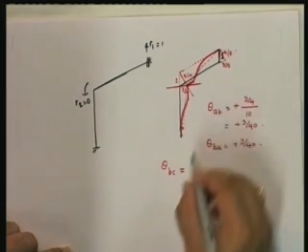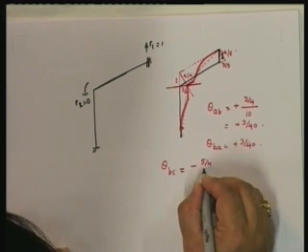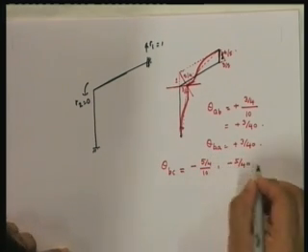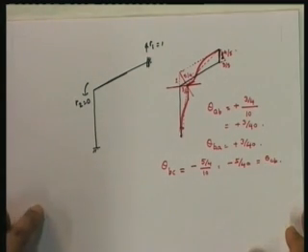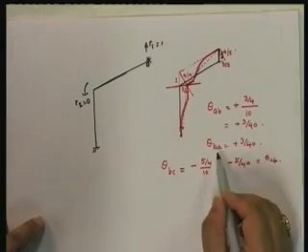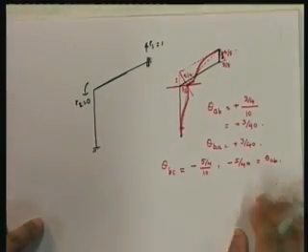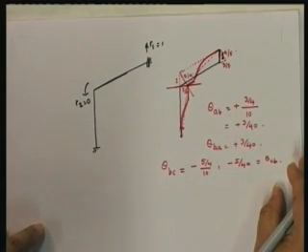So this is going to be minus 5 by 4 divided by 10. This is going to be minus 5 by 40, and theta CB is the same. Okay? So we have found out theta AB, BA, BC and CB in terms of R1. When R1 is equal to 1, these are the values.